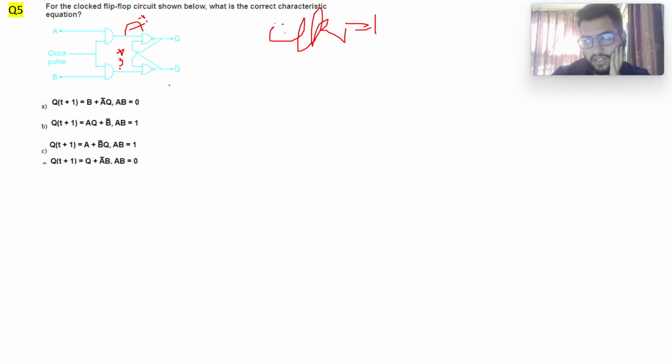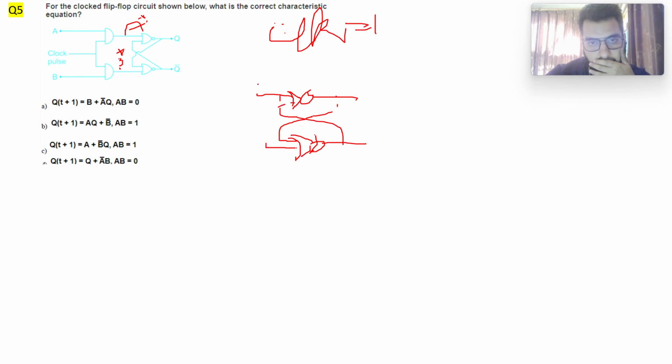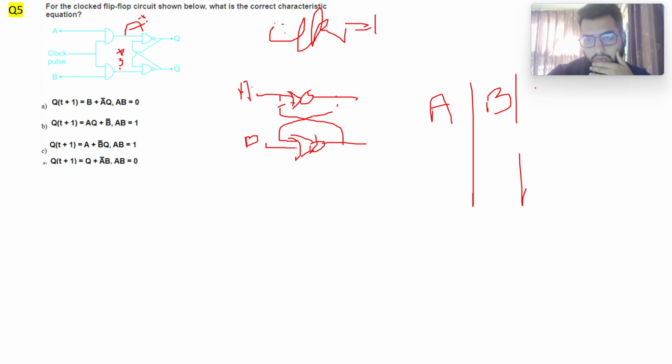Now let's take a look at this part. What is this? This is simply an SR latch. Let's construct this. This is your A and B, simply A star, B star. And we'll draw the characteristic table for this: A, B, and Qn plus 1.